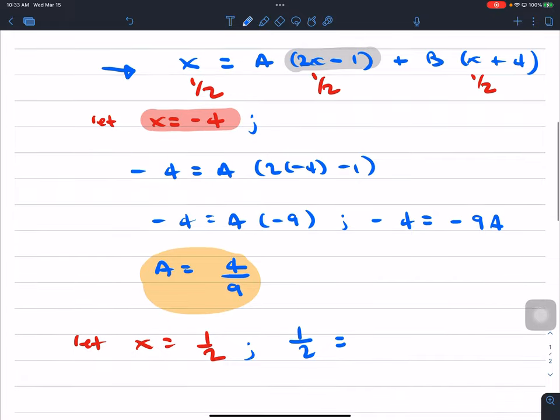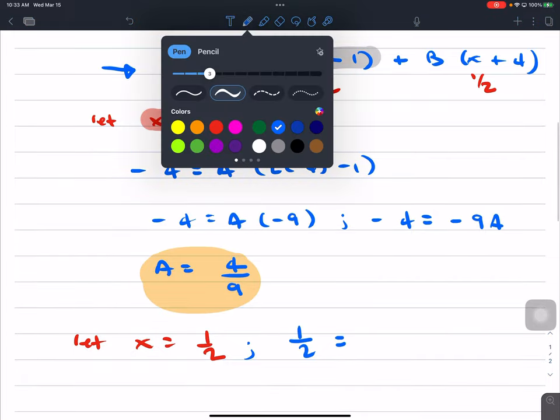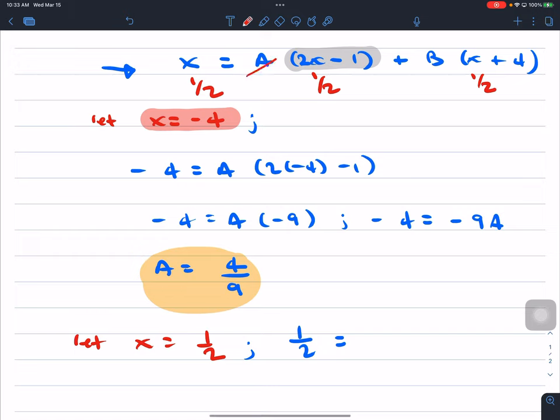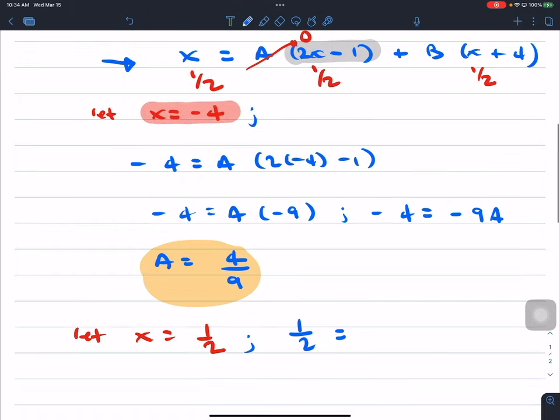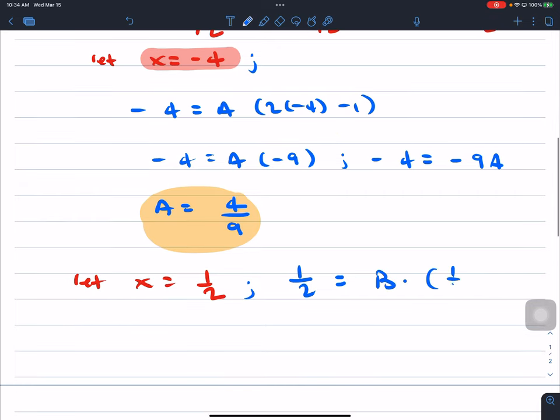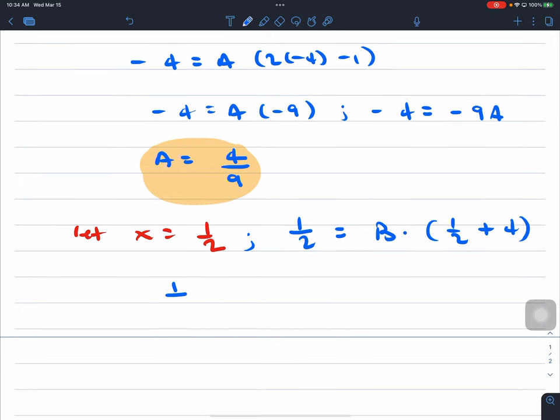1/2 equals, well, this portion here, the whole reason you did that is so a could be 0. Now, what do you get? b times 1/2 plus 4. Do you guys know what 1/2 plus 4 is? Isn't that 9/2?